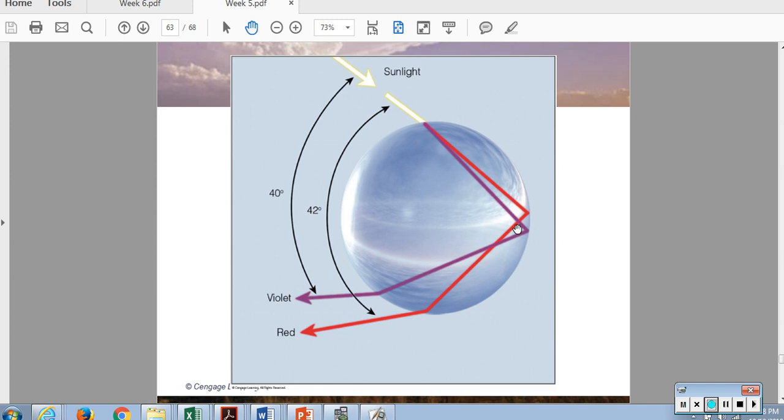But they both bounce off the back of the droplet, and that's reflection. And then they are bounced away from the back towards the front, where they bend again and come out as separate waves of light. Only one of these beams ends up striking your eye.